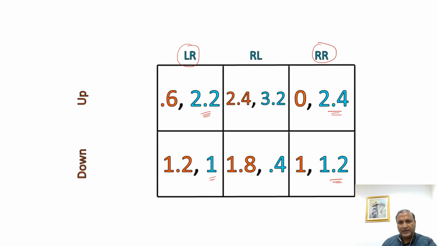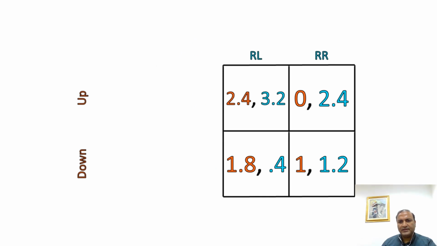We see that RR is strictly dominating LR. So again, we can remove LR from the game, and then our game is left with this smaller game.